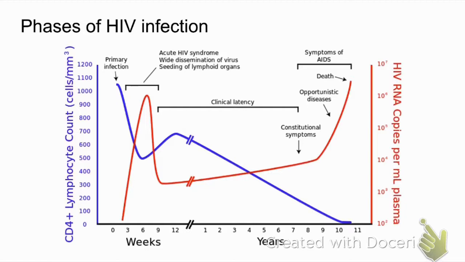The first, which occurs from 0 to 12 weeks, is known as the acute stage. In this stage, we find a very rapid increase in the number of viral particles, as HIV is basically undergoing lytic infection, and we find a dramatic decrease in the number of T cells.